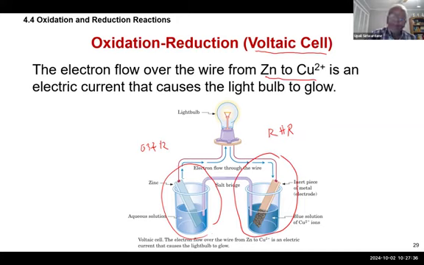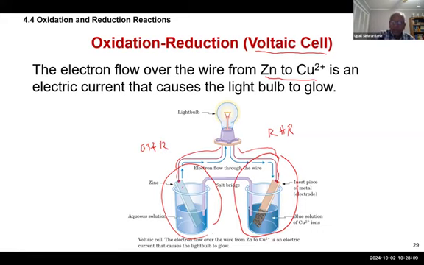You simply connect the zinc metal, in the isolated solution of zinc sulfate, by an electrical wire connected to the bulb right here, to the copper metal. Now the electric circuit has to be continuous.